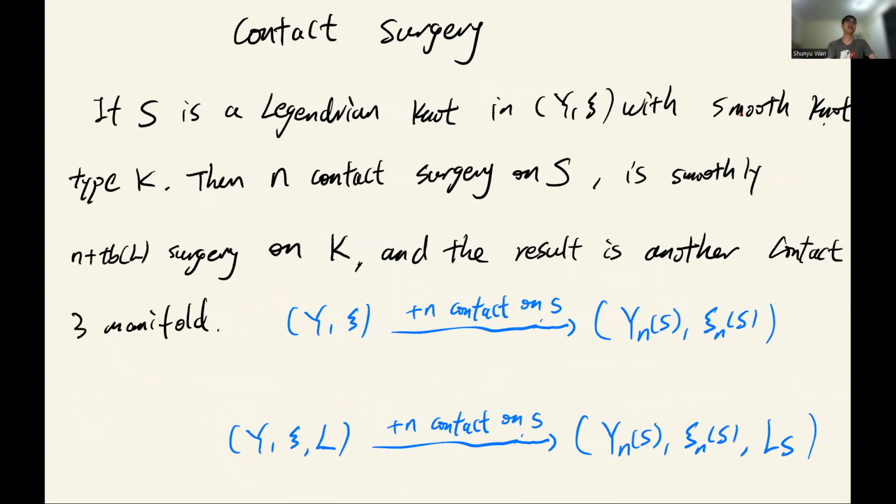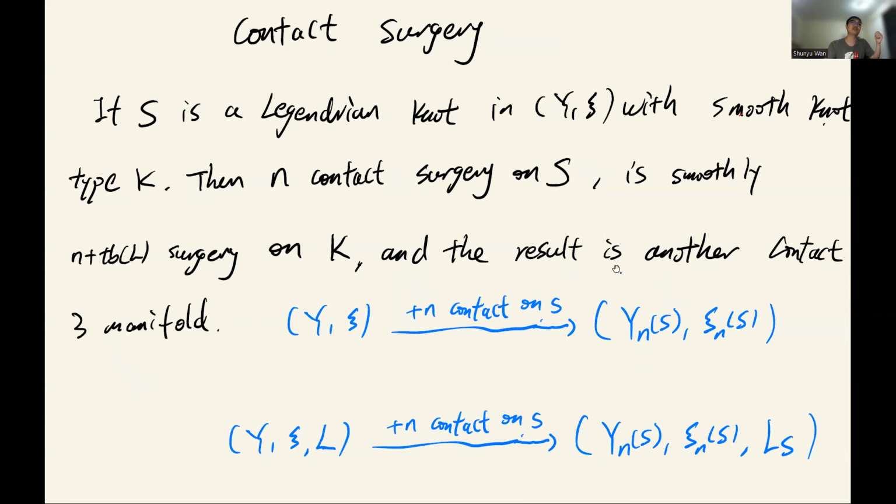Okay, so lastly I want to talk a little bit about contact surgeries. If S is a Legendrian knot in (Y, ξ) with smooth knot type K, then the n contact surgery on S is smoothly an n plus tb of S surgery on K. After we do that contact surgery, the result is another contact manifold.